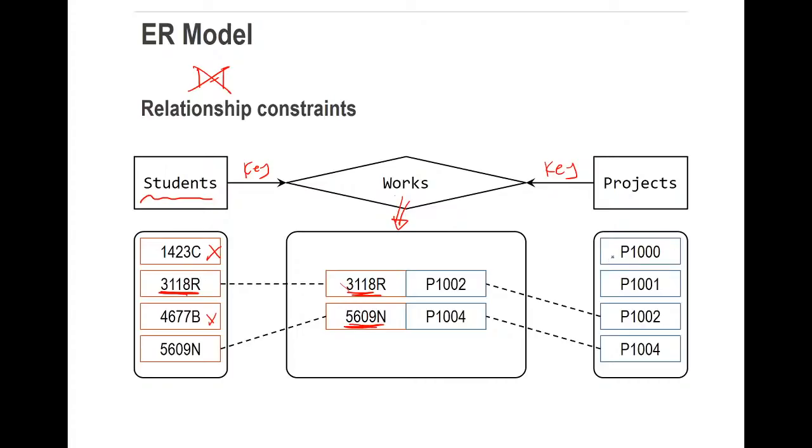Similarly for a project, either a project does not have an entry, or if it has an entry, it must have exactly one entry within the works table. So that's the key constraint. Another way we can write this is 0 up to 1, 0 up to 1. A project can only be involved in works at most once.